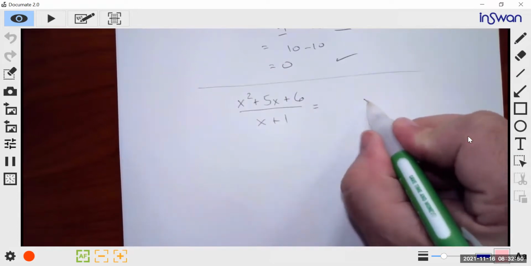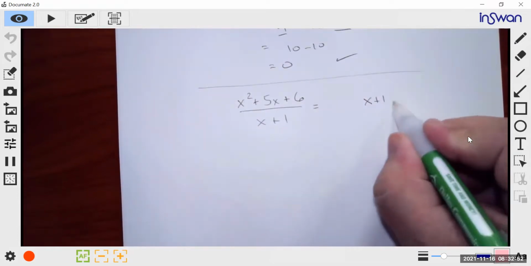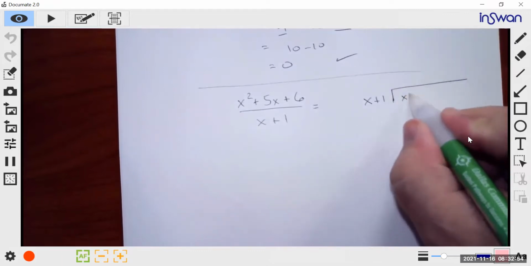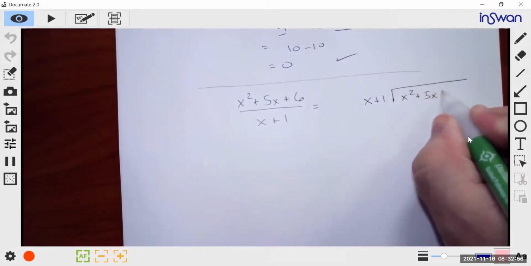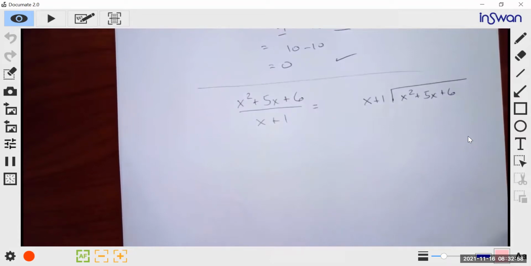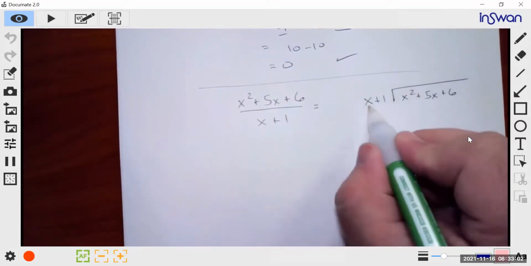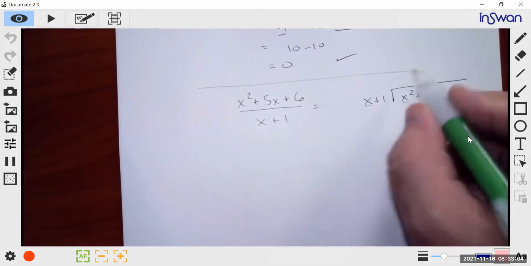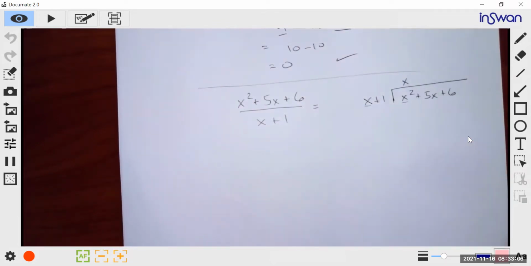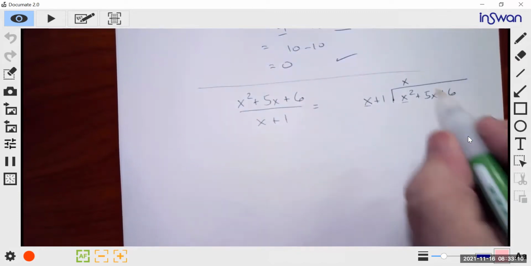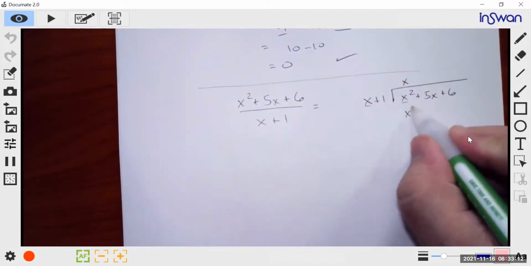So let's do long division first. Let's check it out. X squared plus 5x plus 6. X times what is x squared? That's x. So x times x is x squared.